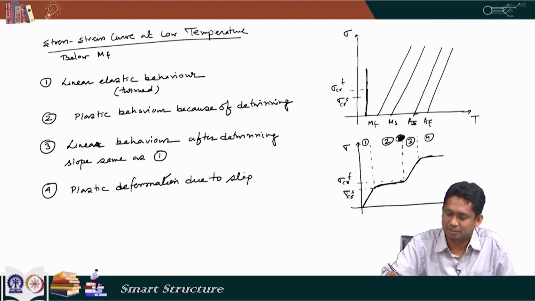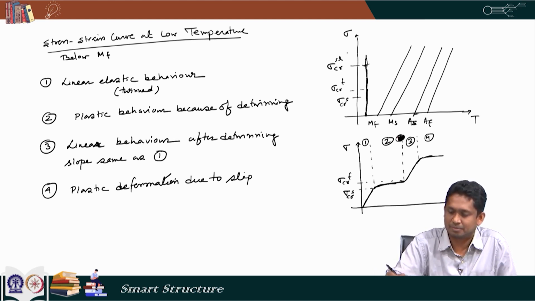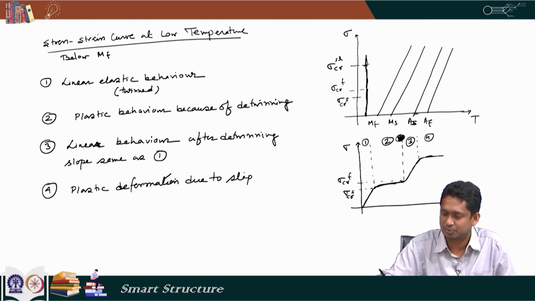After that it is already detwinned and the behavior is linearly elastic, and then beyond some stress slipping takes place. So, we can call it sigma CR SL, where SL stands for slipping. Beyond this slipping takes place and that is what is shown here.